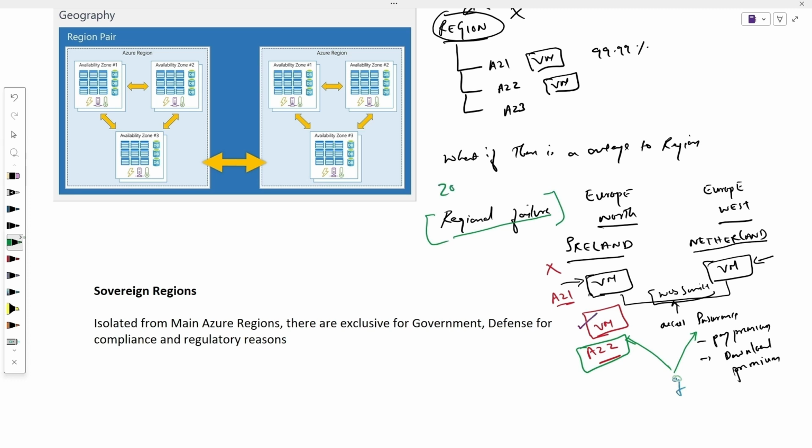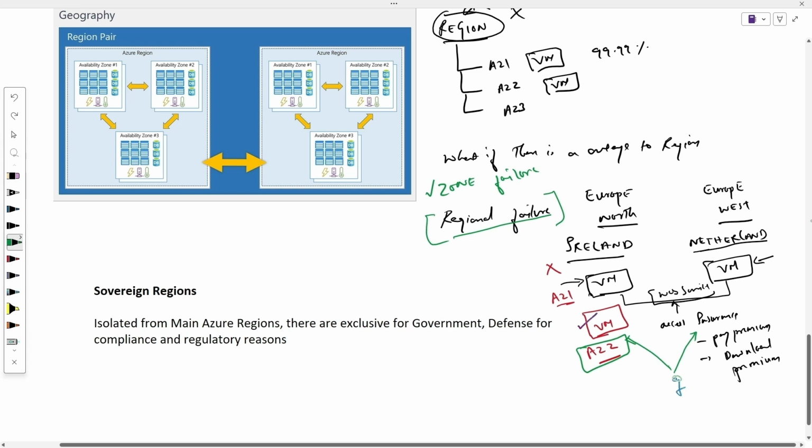So one is zone failure and the other one is regional failure. Azure always ensures that there is a pairing between the regions. The criteria is that the distance between each region will be 300 miles.